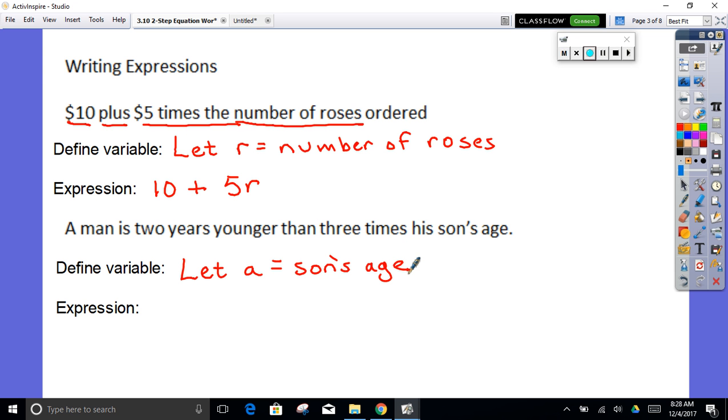And what expression could I write for a man is 2 years younger than 3 times his son's age? You could do 3A minus 2. Good. So it's been a while since we did writing expressions, but we have to be thinking about how we did that as we move into equations.